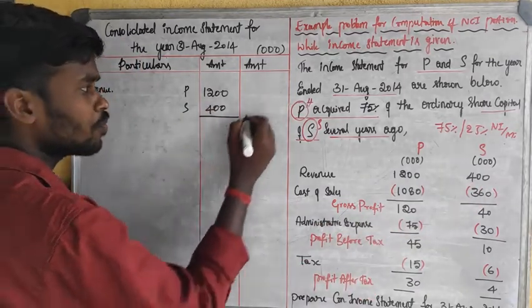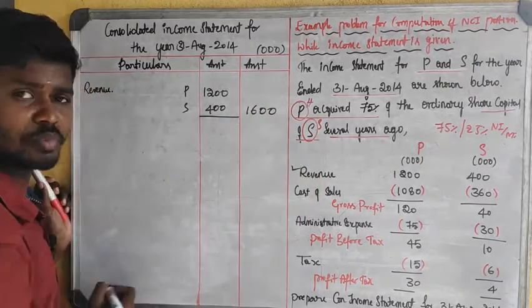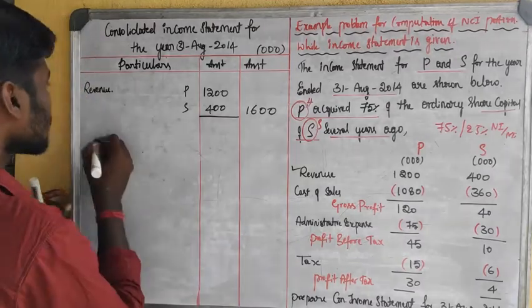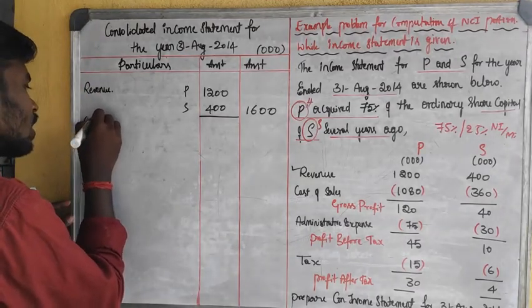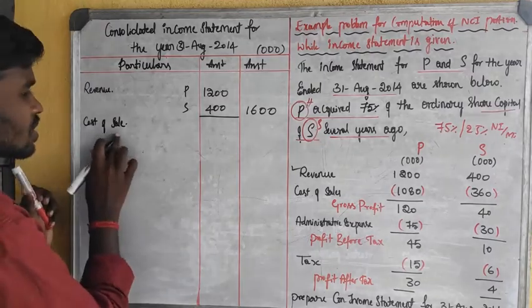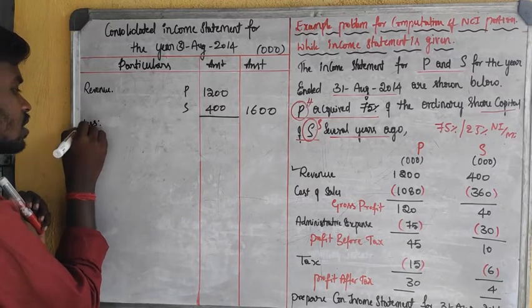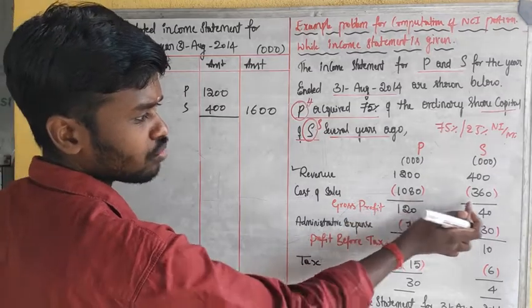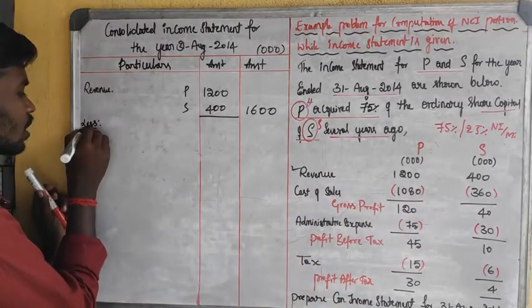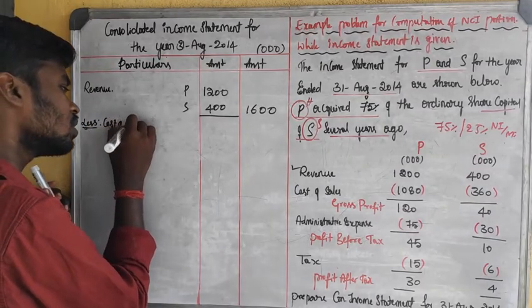Total revenue 1600. Okay, so we have done the revenue computation. Next, cost of sale. Take it as less, so this is a minus value, right? So you have to take here less cost of sale.